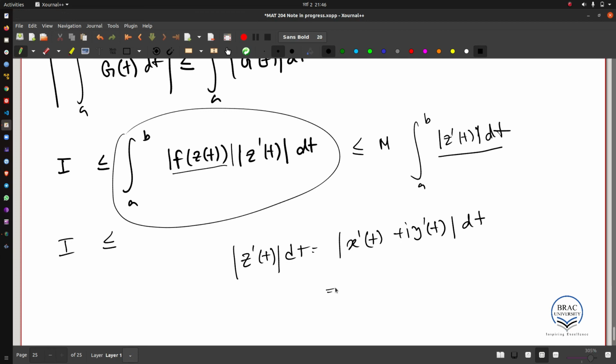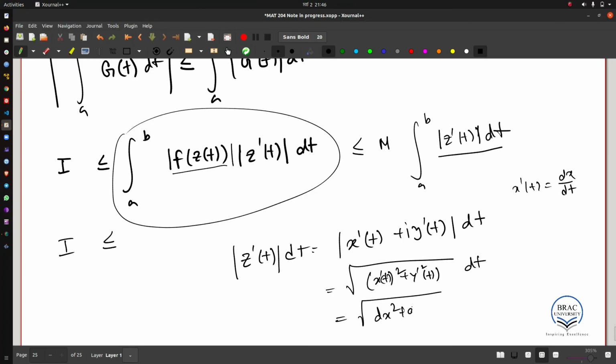It's just a distance, right? So this is just the square root of x prime of t squared plus y prime of t squared, dt. But x prime of t is dx/dt, and similarly y prime of t is dy/dt. So ultimately this is just the square root of dx squared plus dy squared, which is nothing but the length. Let's call that infinitesimal length ds.